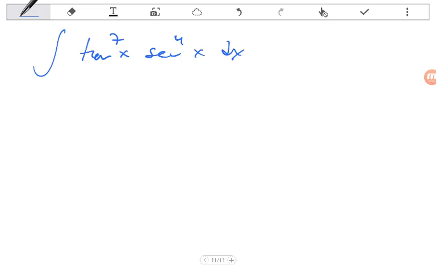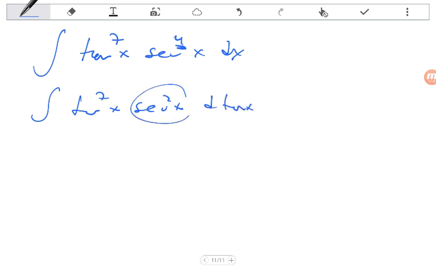Which has the lower power? Sec. So I would take sec squared from this: tan power 7x sec squared x d tan x, and I express the rest in terms of 1 plus tan squared. I can also solve it by taking sec tan after the d, but it will need some expansions or more work than this one.